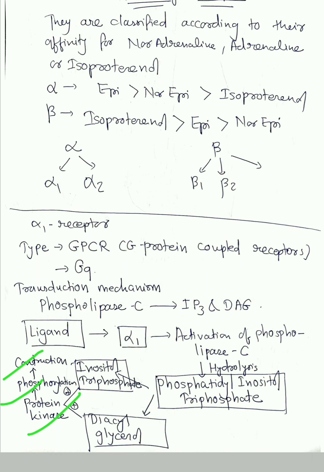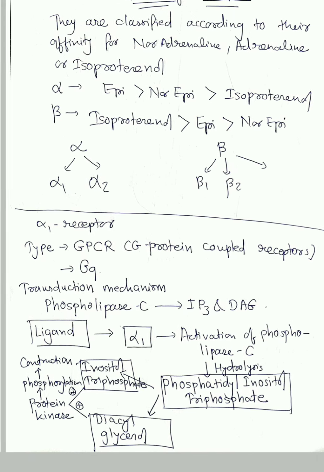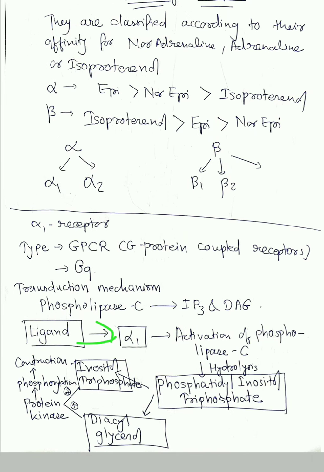Okay, so let's begin once again. First of all, ligand will bind with alpha 1 receptor, which will lead to activation of phospholipase C, which will do hydrolysis of phosphatidylinositol triphosphate, which will produce two byproducts, diacylglycerol and inositol triphosphate.